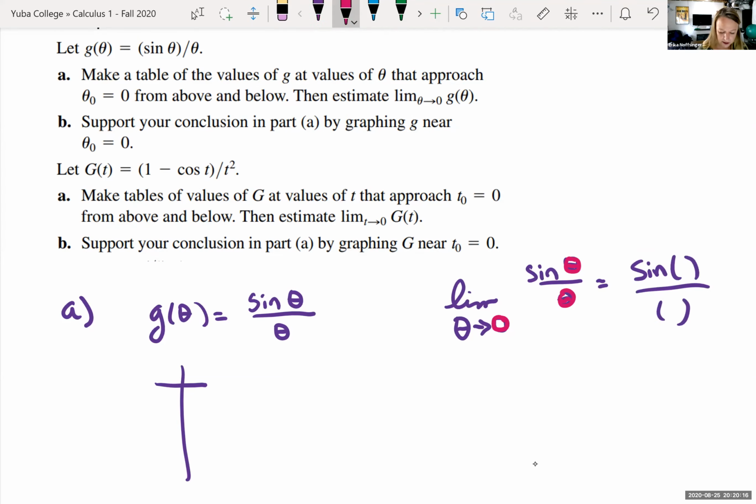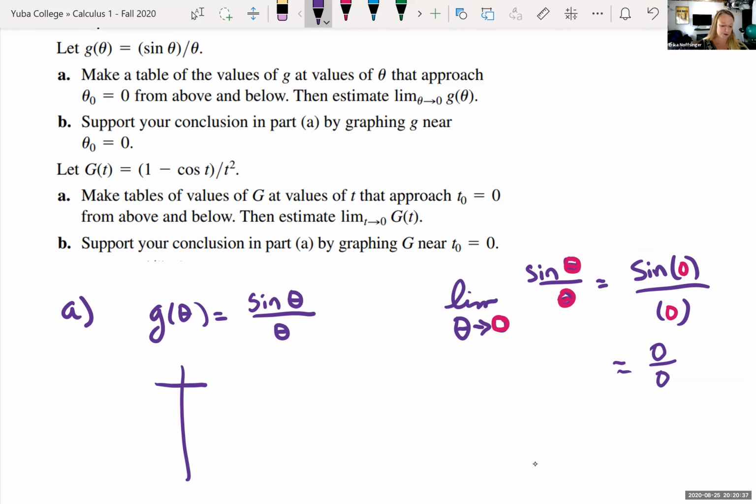Remember, sine of 0 is equal to 0. And so this is equal to 0 over 0, which is an indeterminate form. And that's where this doesn't tell us anything, and we need to go back and manipulate or use a different method to try to find this limit. And I don't know how to manipulate it.